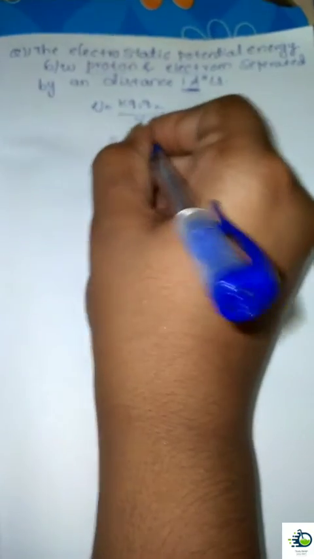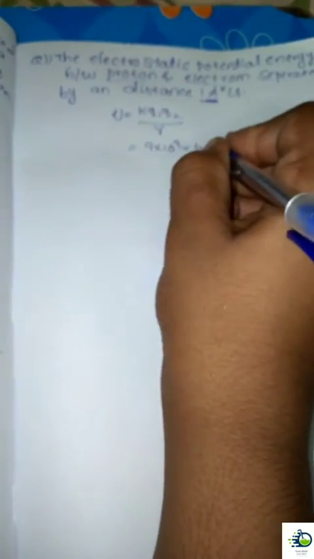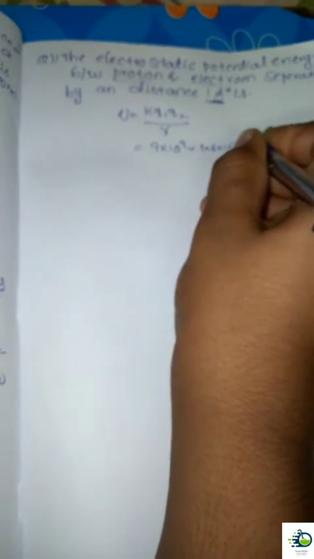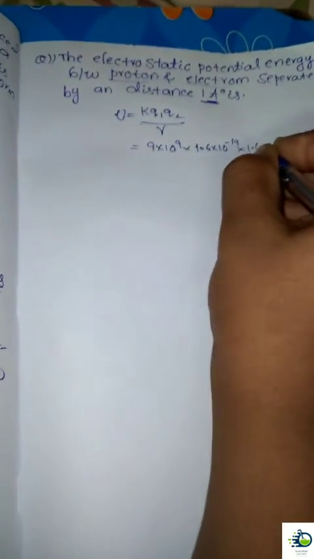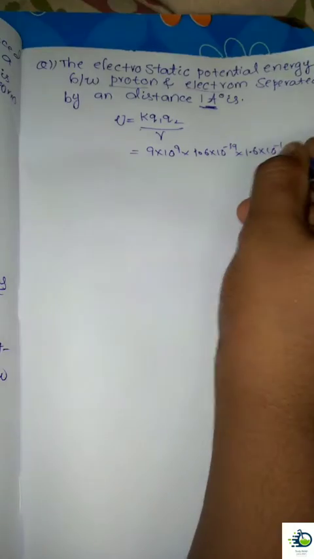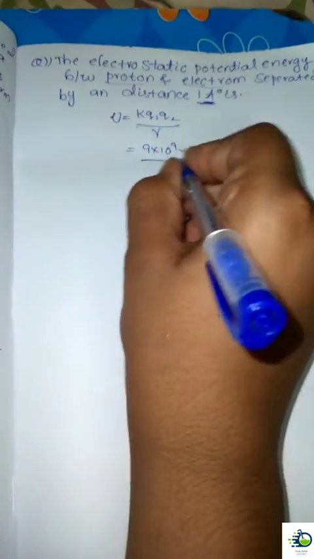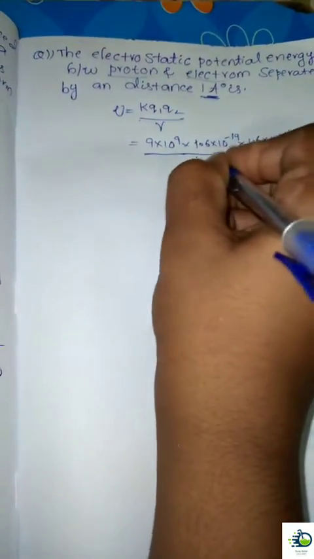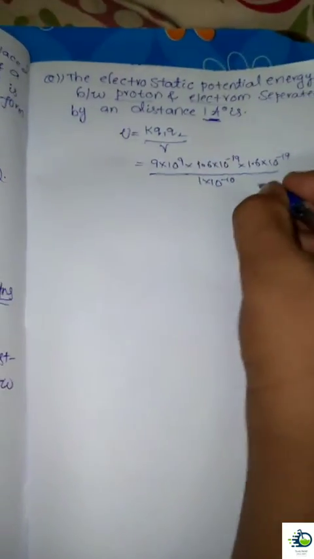K is 9 into 10 power 9, into 1.6 into 10 power minus 19, into the charge of the electron, also 1.6 into 10 power minus 19, divided by 1 into 10 power minus 10 meters.